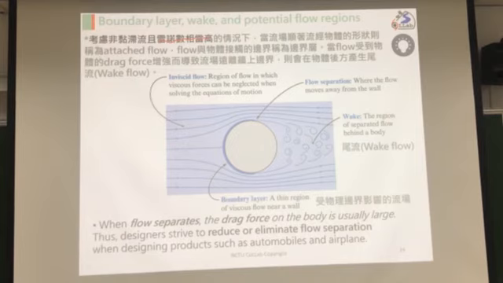The blue lines are the streamlines. If the streamline is quite close to the particle, it will attach along the particle shape. We usually call this attached flow or boundary layer flow.